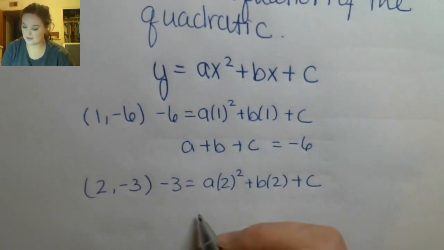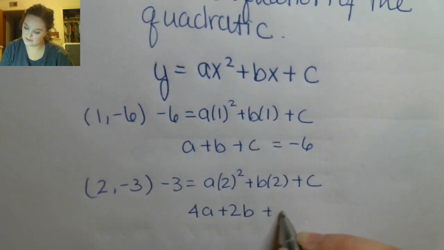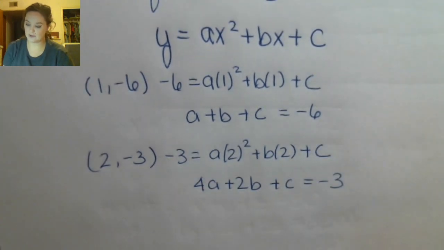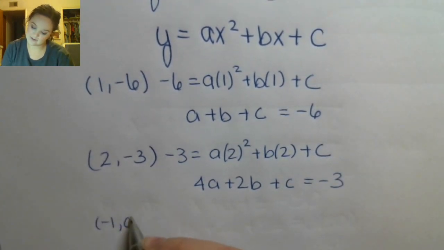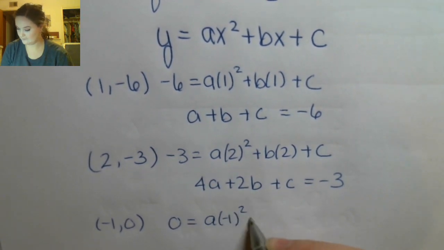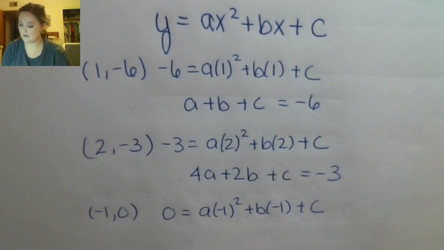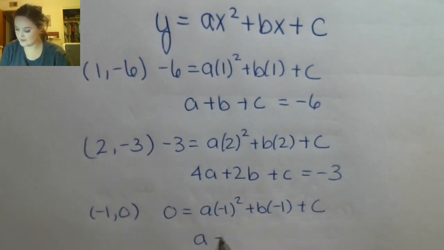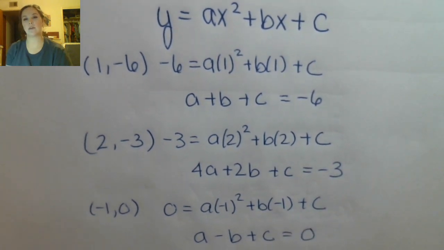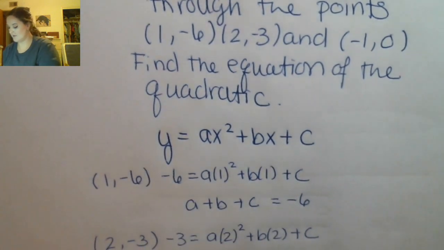Okay, so this I could rewrite as 4a plus 2b plus c equals negative 3. Okay, and then I'm going to plug in my last point. Okay, which I could rewrite as a minus b plus c equals 0. Okay, so let's rewrite those equations and solve our system.